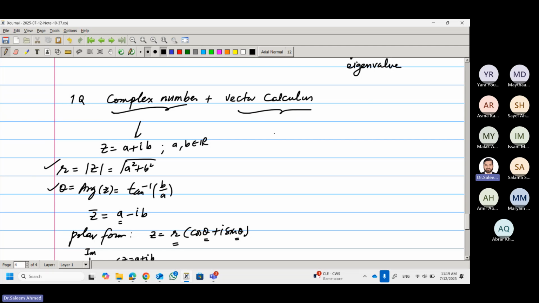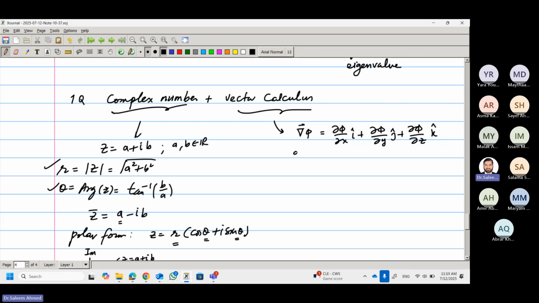In vector calculus, there were three important things. One is the gradient of phi, which is the derivative of phi with respect to x times i, plus the derivative of phi with respect to y times j, plus the derivative of phi with respect to z times k, where phi is given.